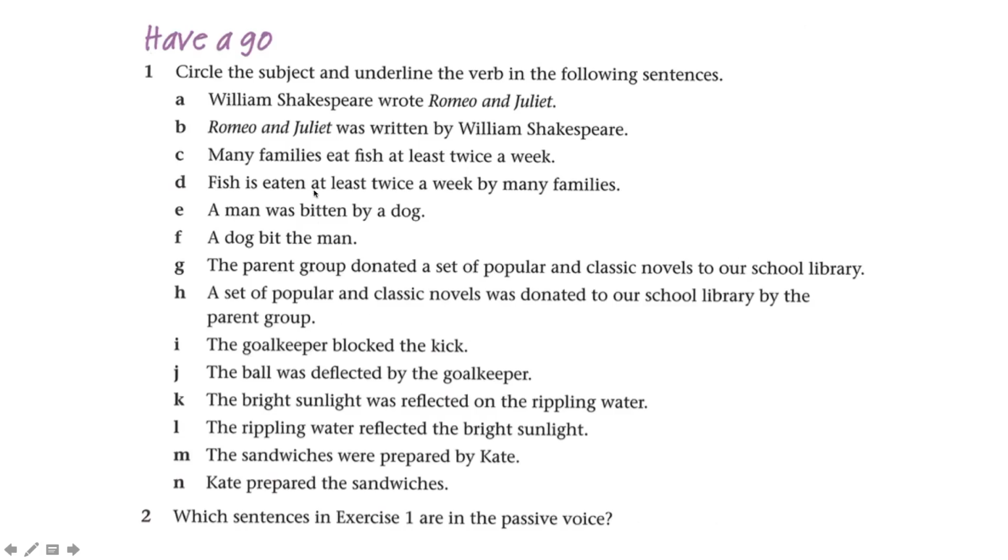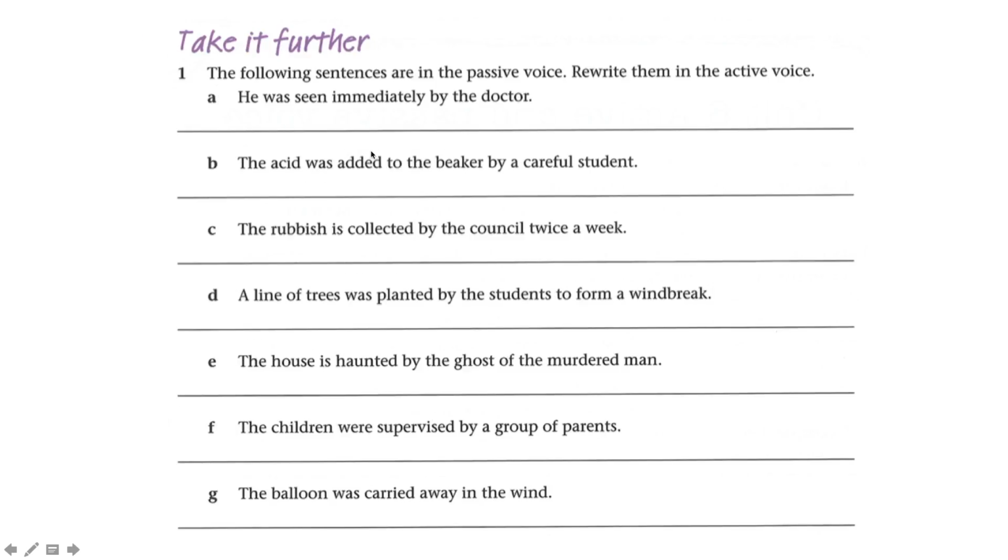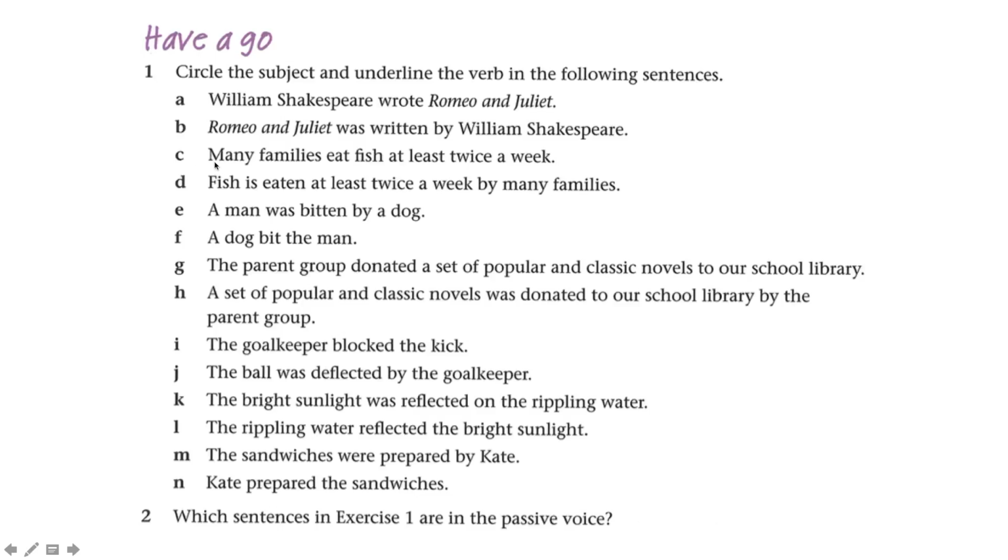So let's have a look. In our cases here, if we look at A, William Shakespeare performed the action wrote, that's not an example of passive voice. Romeo and Juliet was, we've got our verb here, let me just get my pen working, was is our verb, and then we've got the person performing the action.